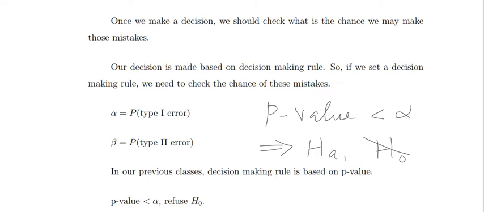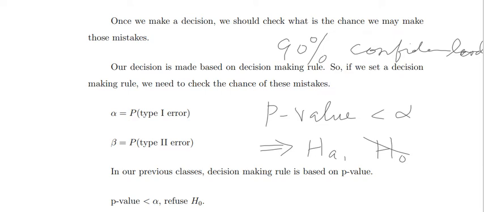If we want to make a conclusion at 90% confidence, a 90% confidence level means our conclusion has a 90% chance to be true, to be correct.